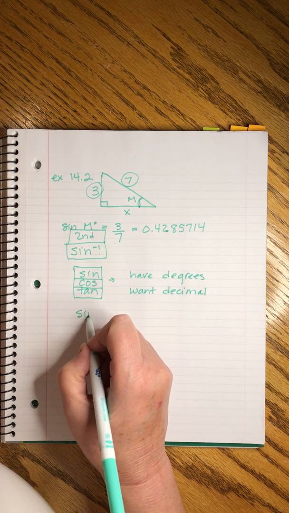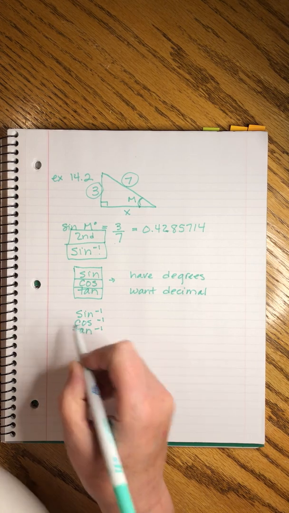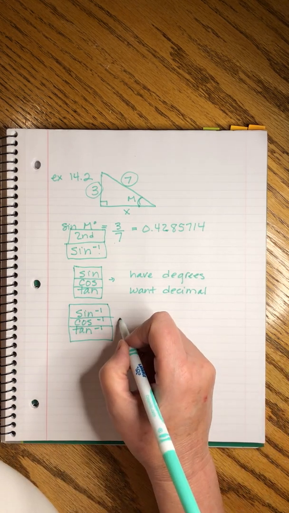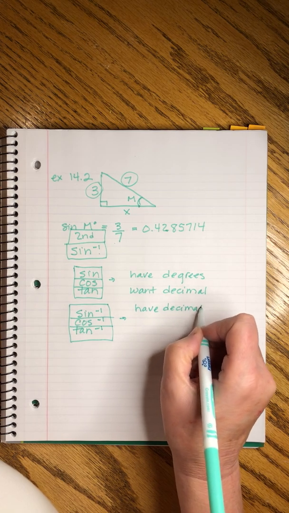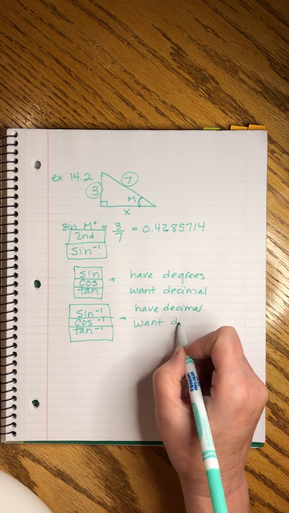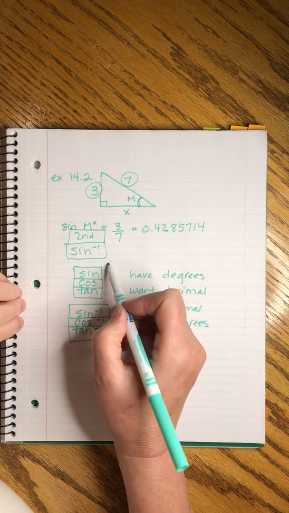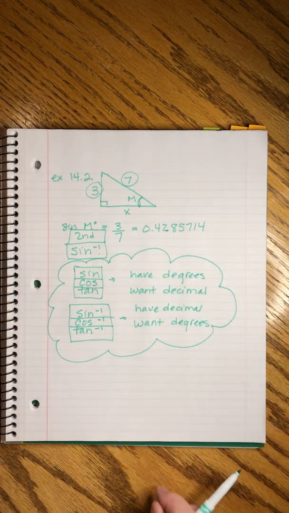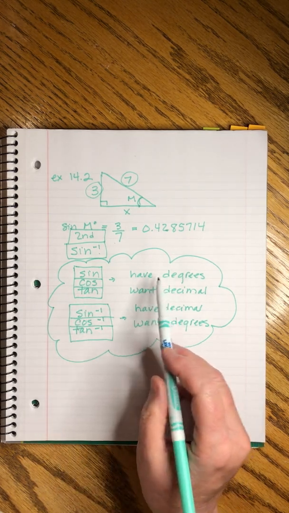But if we have a situation like this one, these are my little buttons I'm drawing, where we have the decimal, right? Because we took 3 divided by 7 and we got the decimal number, but we want the degrees associated with that. Then we use the inverse buttons. This is always confusing. And I'm sure you figured it out last year, so you'll figure it out again. But there's just a little reminder of which one you use depending on which information you have.